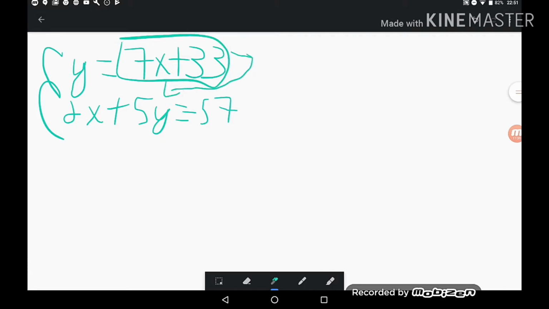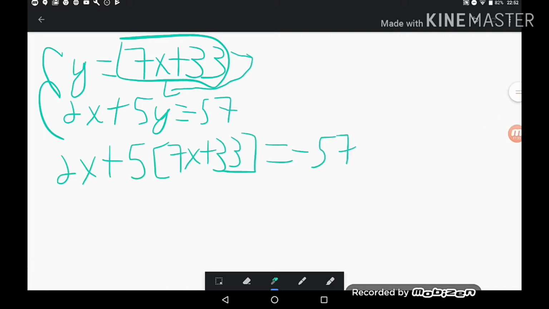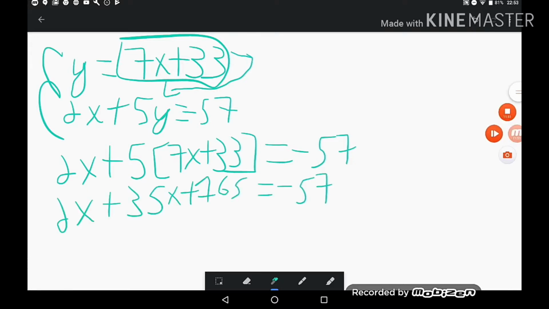And here's what you get. 2x plus 5 brackets 7x plus 33 equals negative 57. Now, when you distribute that 5 into this expression in brackets, this is what you get. 2x plus 35x plus 165 equals negative 57.